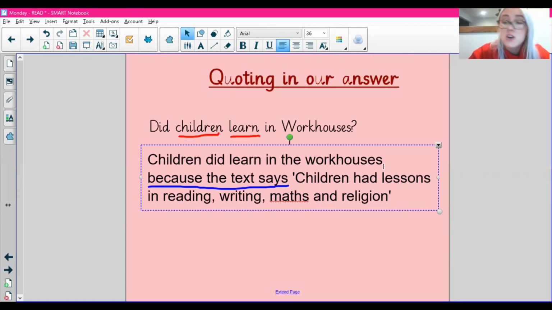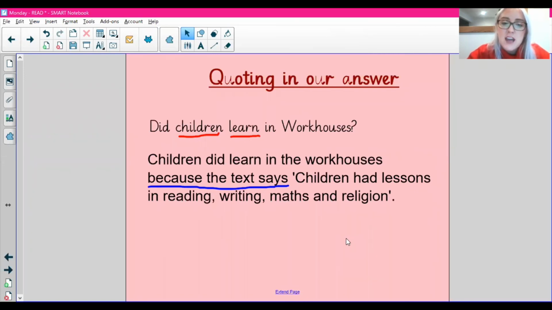Closed quotation mark, because that's where I've stopped quoting, and then I'm going to put a full stop. It's really important that in your quotation marks, you have written exactly what it says in the text, because you're quoting from the text, so it needs to be the same.